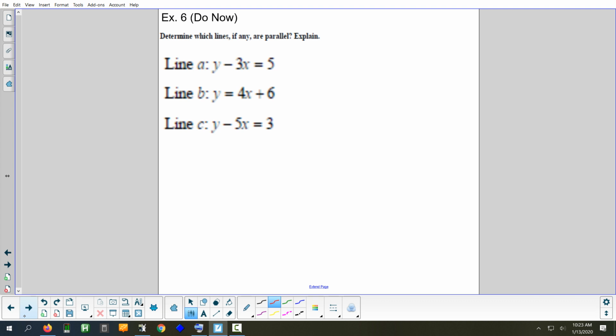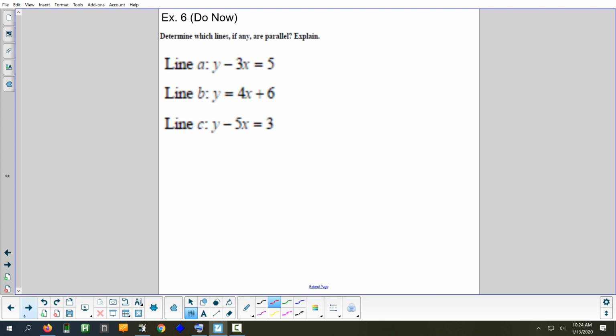Anyone tell me how you would fix line A to get the y by itself? So all we're allowed to do is add, subtract, multiply, or divide both sides by the same thing. Those are the only 4 things you can do. Add 3x to both sides.